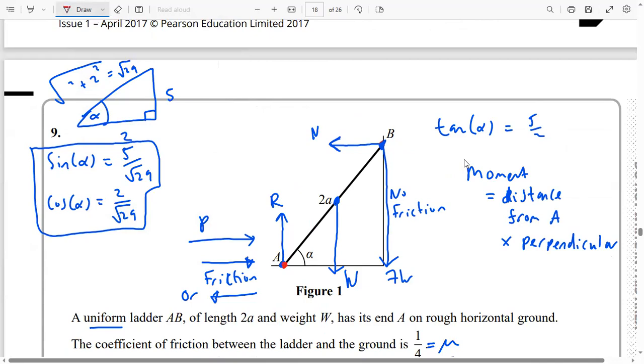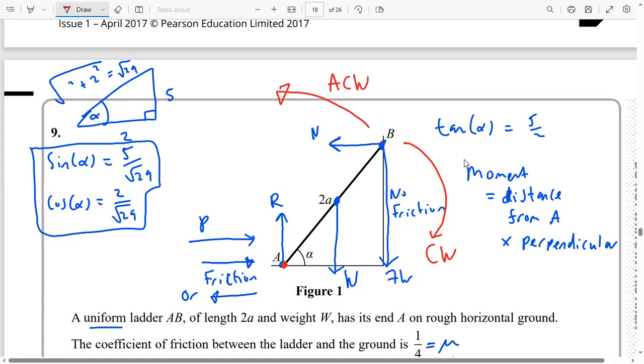You're going to forget about this wall. You've just got a ladder hanging up. You've got forces which want to rotate you around clockwise if you've got this pin fixed at A, and you've got one force, this N, which is trying to spin you around anti-clockwise.